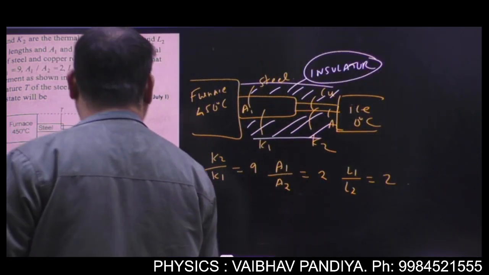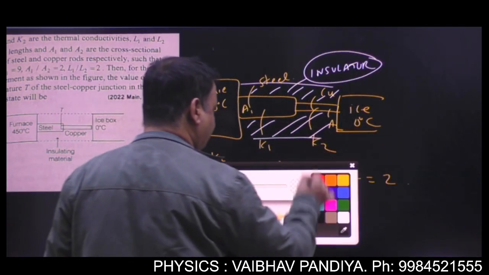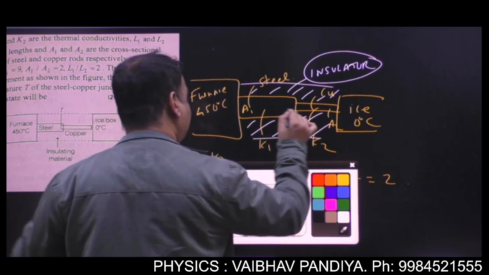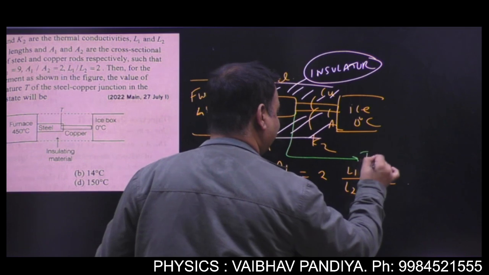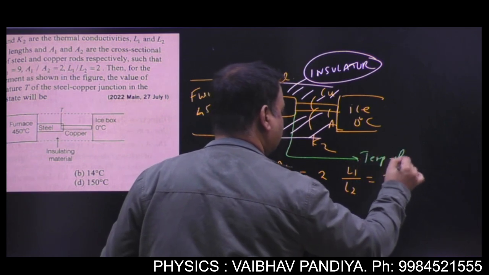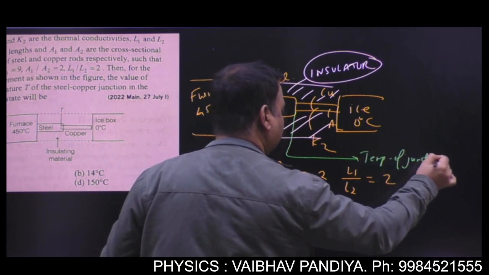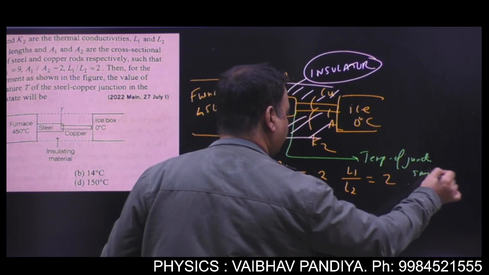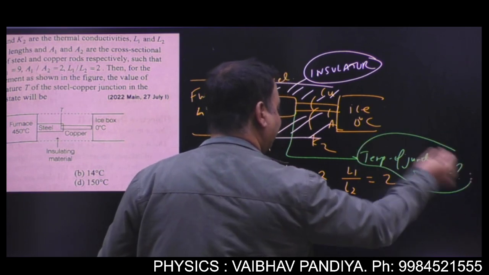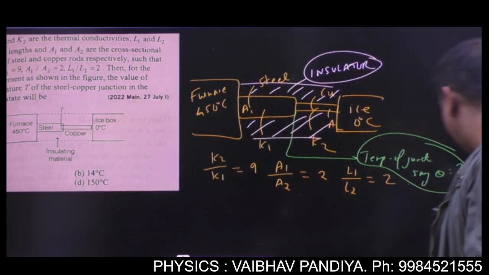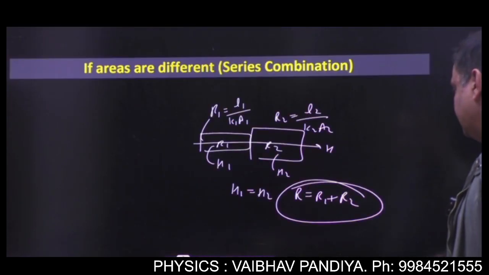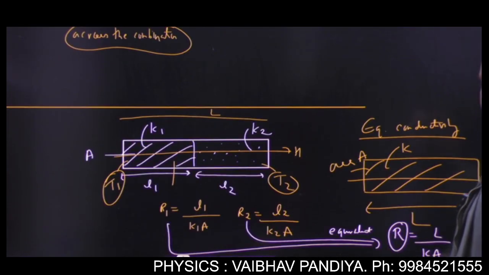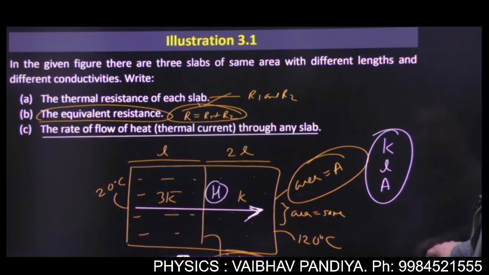And you have to find the temperature of the junction. What will be the temperature of this junction? This is the problem. Say theta. Now tell me, can you work it out yourself? Right now we have seen this kind of problem, isn't it?